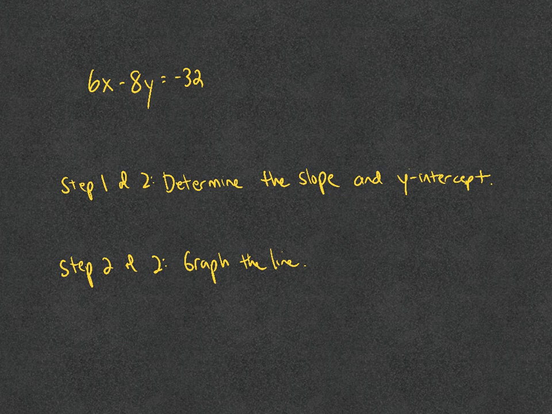Determine the slope and the y-intercept. So pretty much the same as the last example. Again, this is easy if y is by itself. So what we're going to do is we're going to adjust this so we get y by itself.